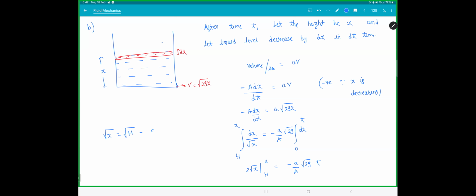Root x equals root h minus a by A root of g by 2 into time. You should definitely mug up this result.